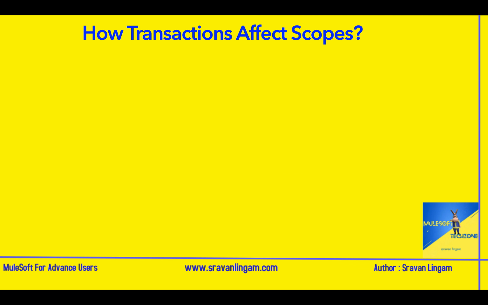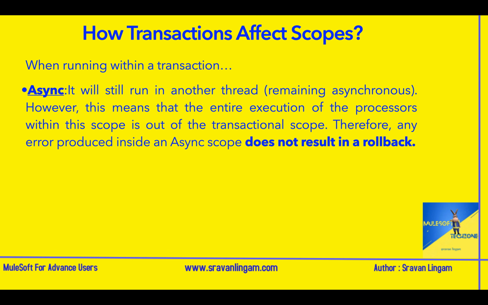So how do transactions affect the scopes, like for example until successful, try scope, all this stuff? How does it really affect them? When running with a transaction, for example the async scope, it will still run in another thread, remaining asynchronous. However, this means that the entire execution of the processes within this async scope is out of the transactional scope.